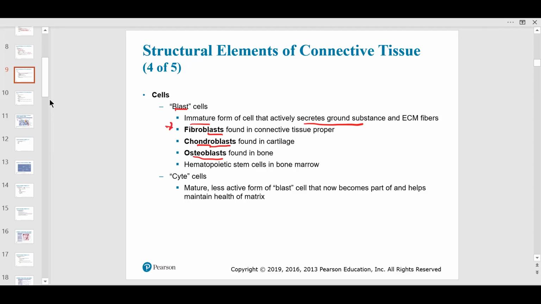So you'll see nuclei of fibroblasts. Chondroblasts, I don't think you're going to see that a lot in your histology. Or osteoblasts. We'll talk about osteoblasts when we do skeletal in lecture. Hematopoiesis, we're going to talk about that. That's making blood cells, and that all happens in the bone marrow, the red bone marrow too.